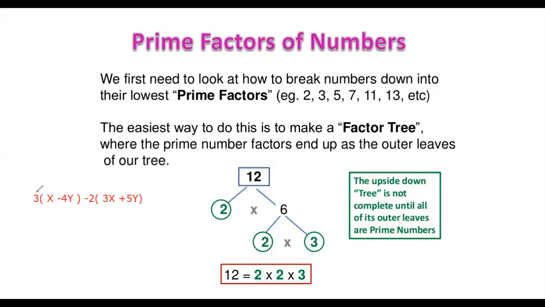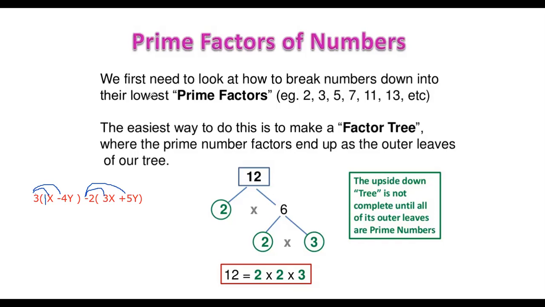We will start first to distribute, and don't forget that x has a coefficient of 1. The coefficient before x here is 1, but we didn't write it because we simplified. Then it will be 3 times x, this is the first one, 3 times 1, and then 3 times negative 4. Second, it will be negative 2 times 3, and then negative 2 times 5.